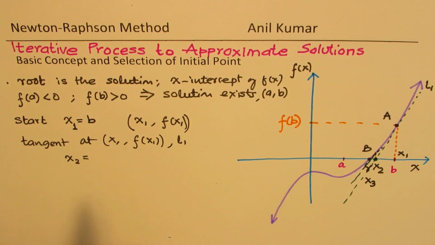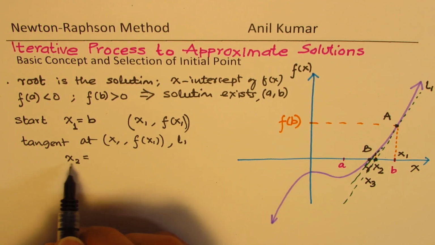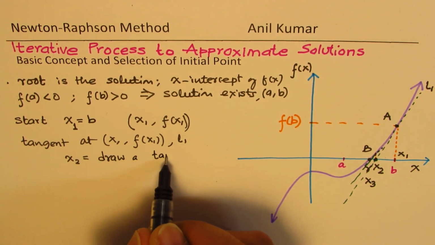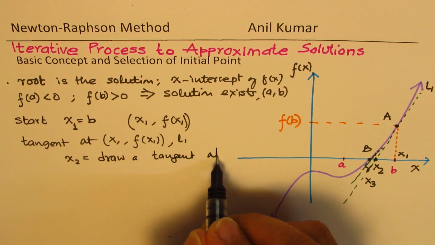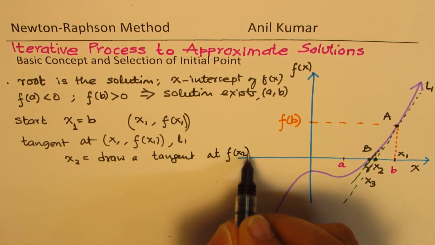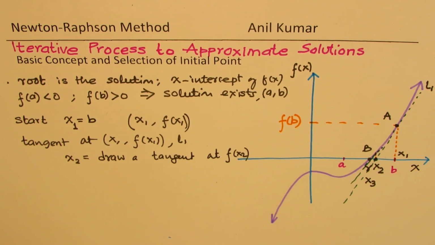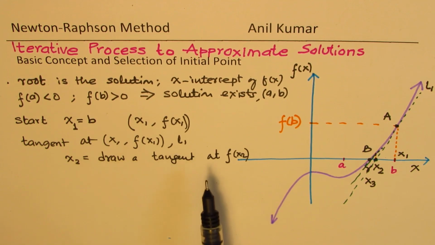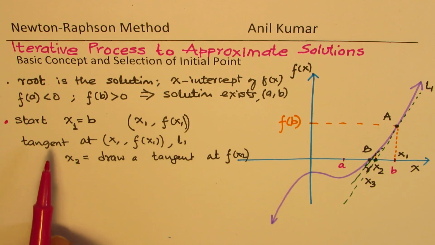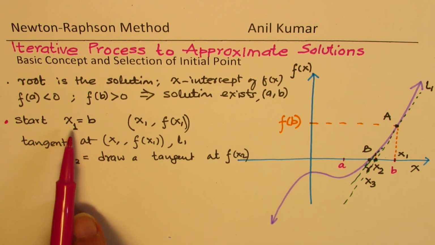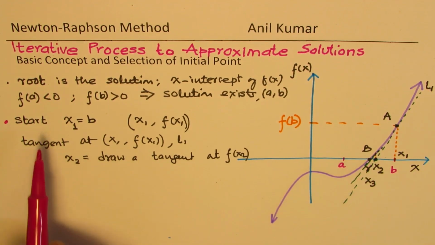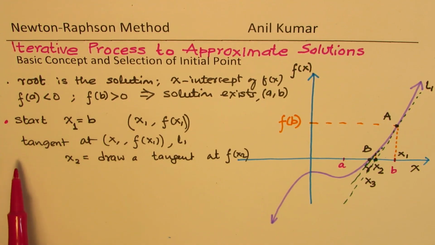So at x2, we find the value, draw a tangent at f of x2, then again find the x-intercept and repeat this process, right? So basically the idea here is start at a particular point very close to where the graph crosses the x-axis, where the value of the function changes from negative to positive.